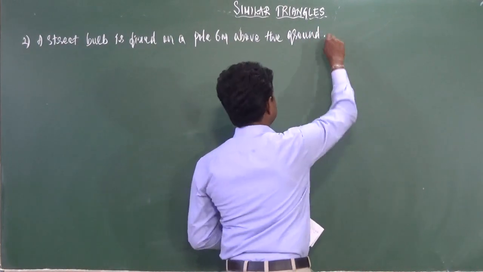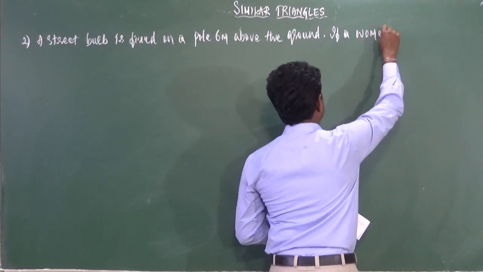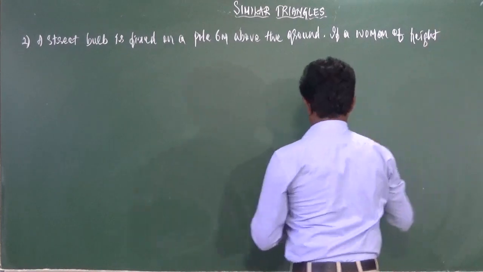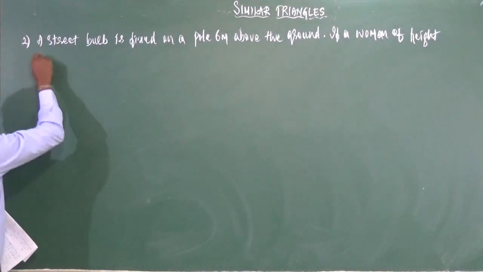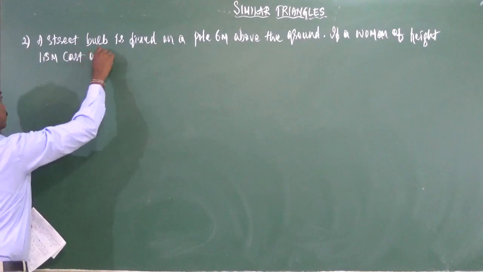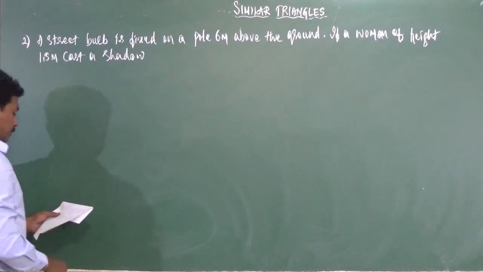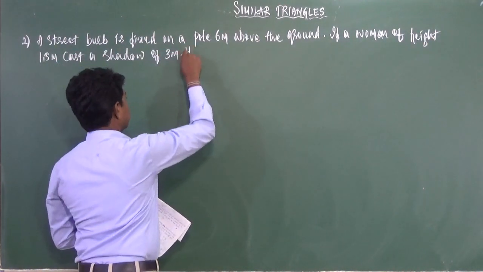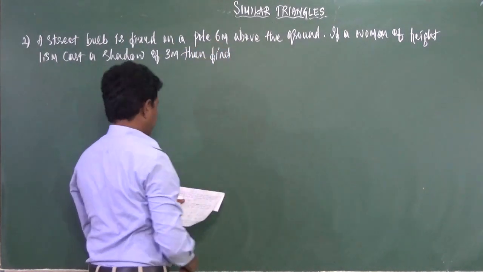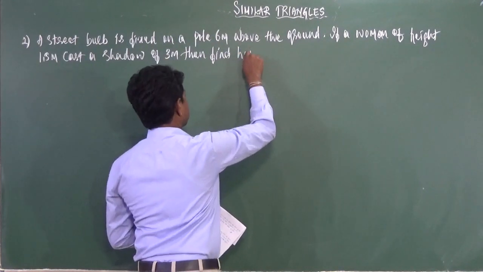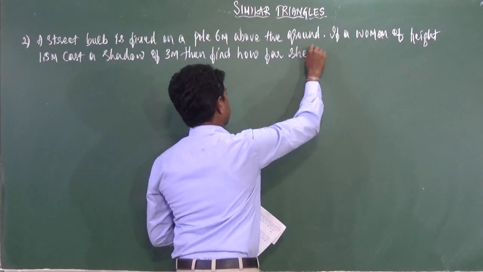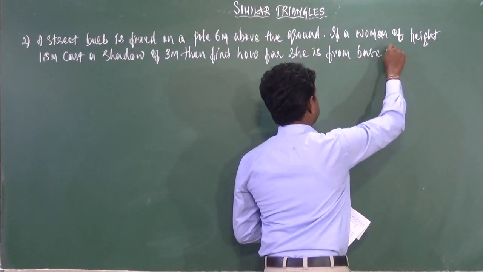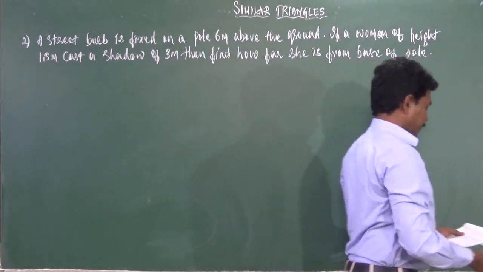If a woman of height 1.5 meters casts a shadow of 3 meters, then find how far she is from the base of the pole. Right. So it's a beautiful problem.